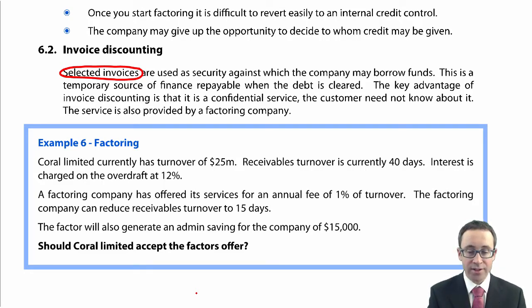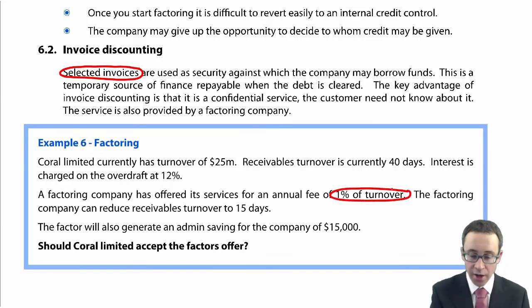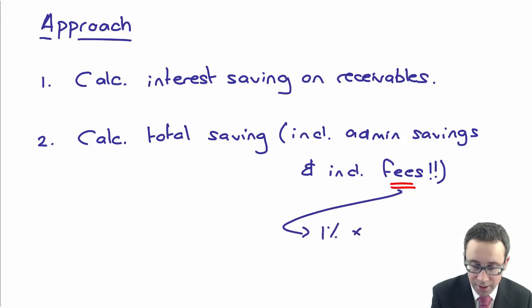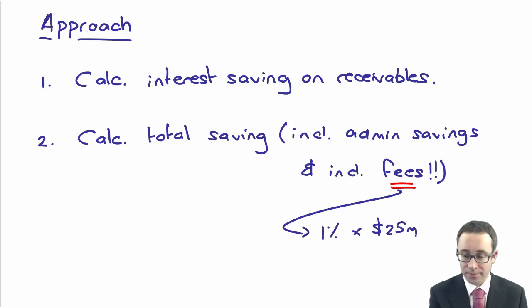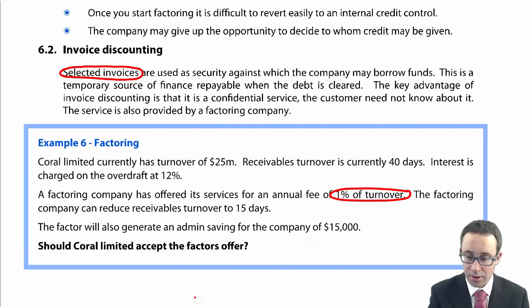Interest is charged on the overdraft at 12%. And the company has offered its service for an annual fee of 1% of turnover. So our fees in this example are 1% of your sales, which is 25 million. Okay, so that is $250,000.